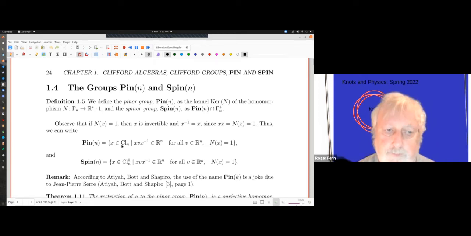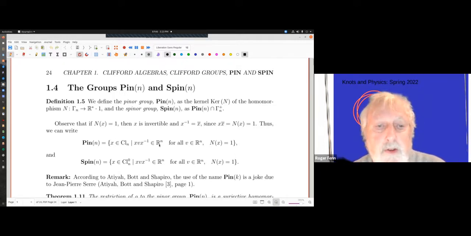It's quite useful because it explains most things in kiddie form. So here's the definition again of Pin. This time they've left out the sign, which you obviously don't need. So a sort of conjugate of a vector, and that again has got to be a vector. In this case, the vector space is Rn.